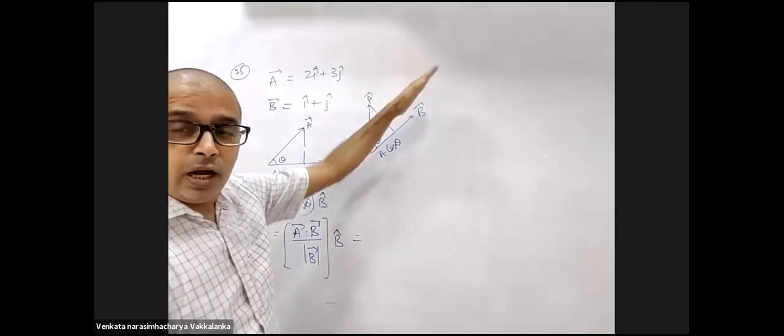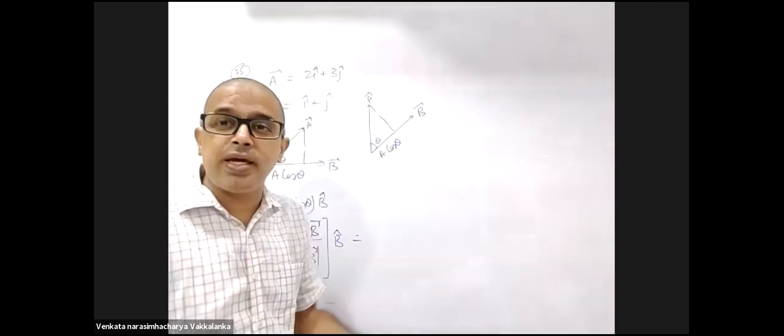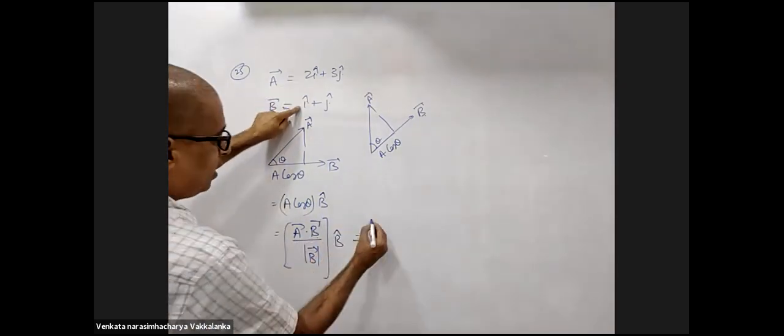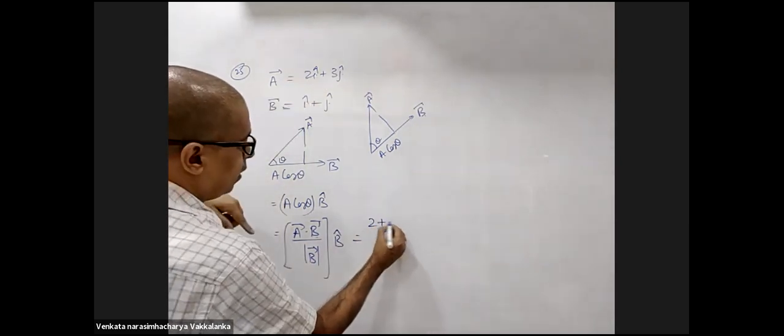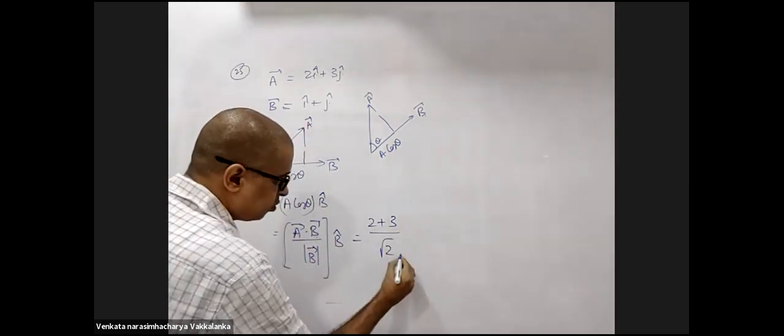Along B, what is the direction of B? B cap. How do I find out then? A dot B will be 2 plus 3, divided by magnitude of B, root 2.